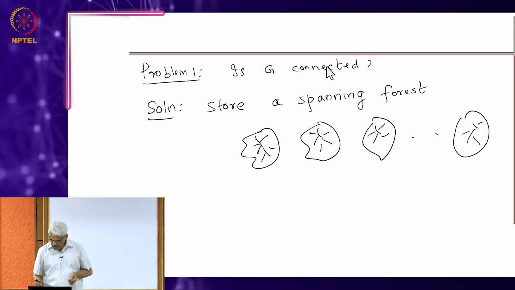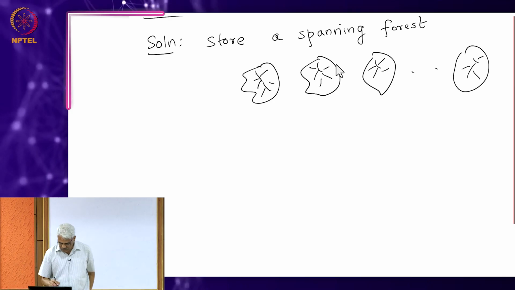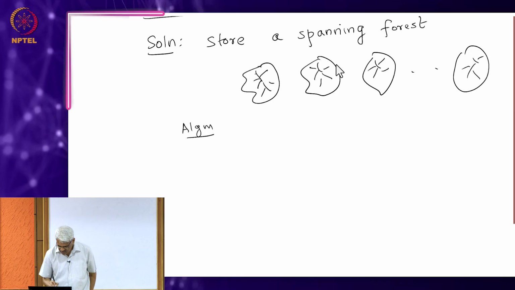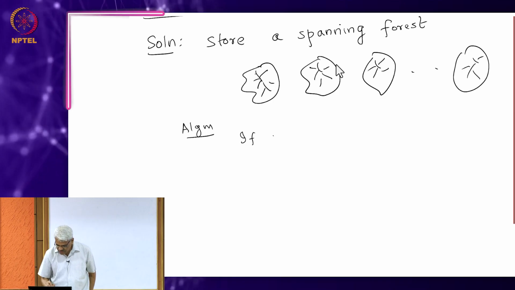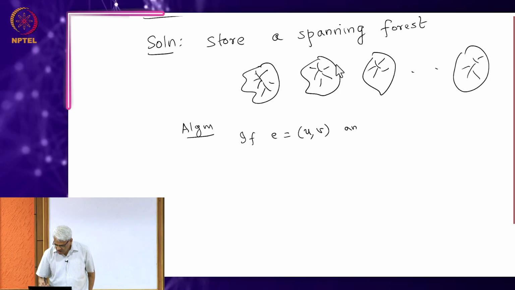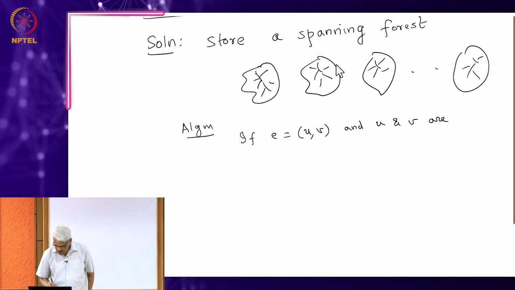And now the algorithm is: with edge E comes, if E equal to UV and U and V are in different components.